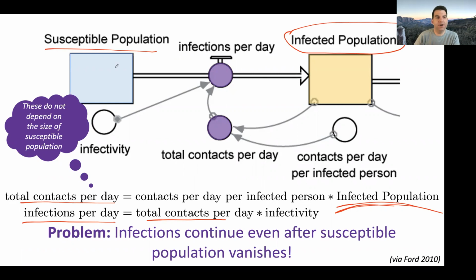It should be that the number of susceptibles affects the number of infections per day. If there's nobody susceptible in the population, then it should be very hard to generate new infections per day. Or, if there's just a few susceptibles, like if you've got a population of 350 million and there's 10 people who are susceptible, technically the disease can spread to those 10 people, but it's going to be really, really hard to find those 10 people.